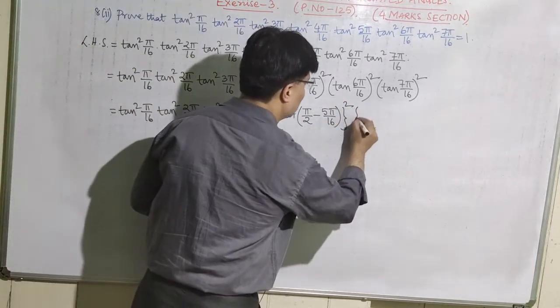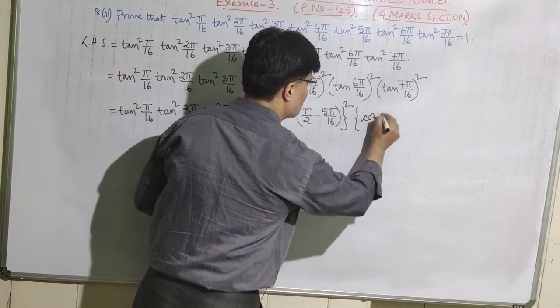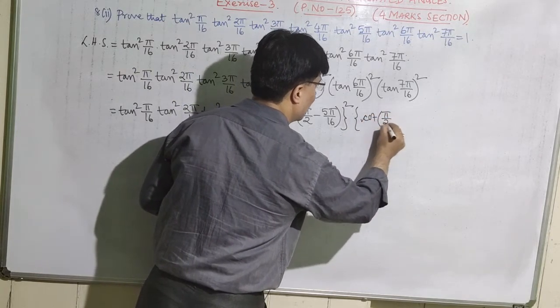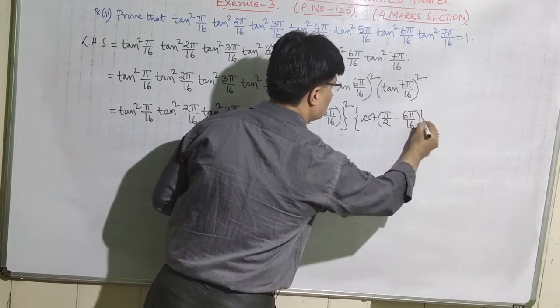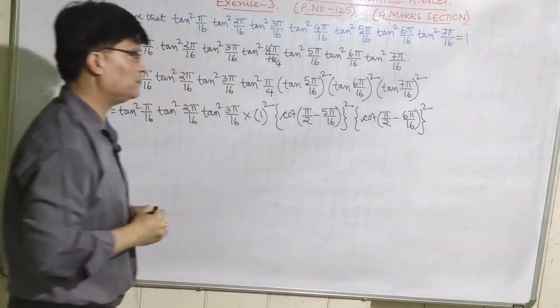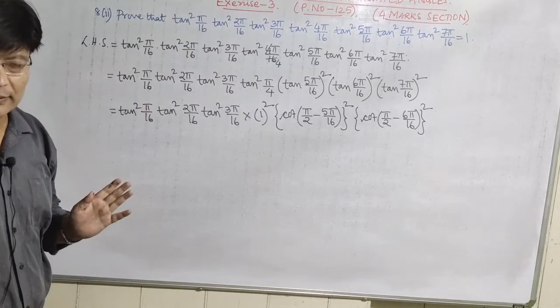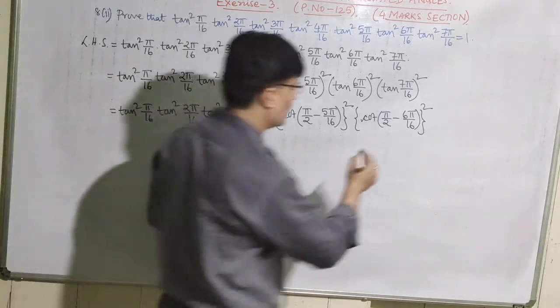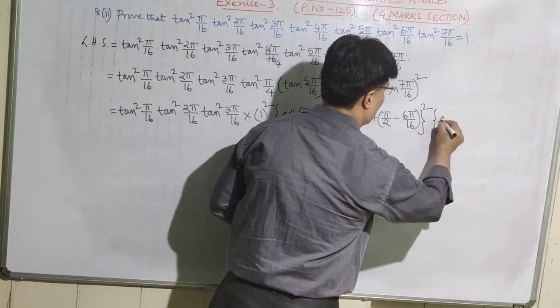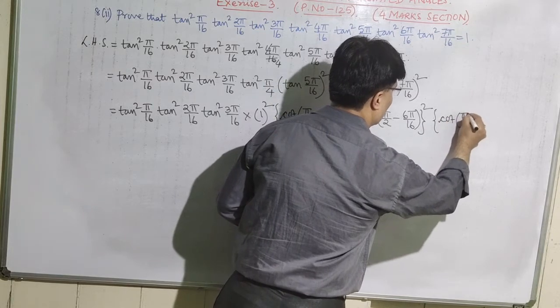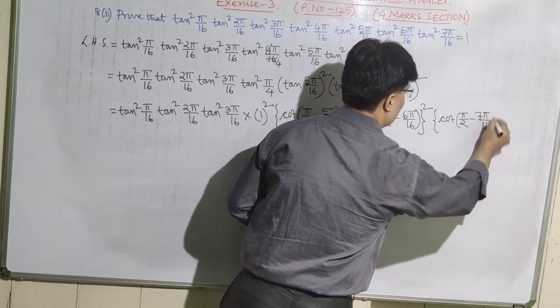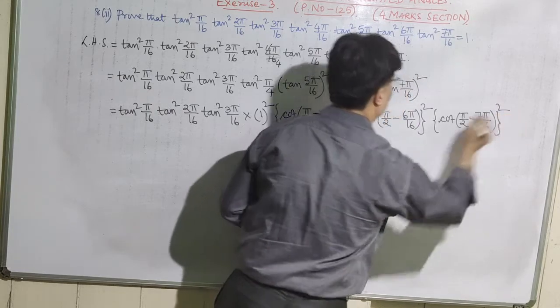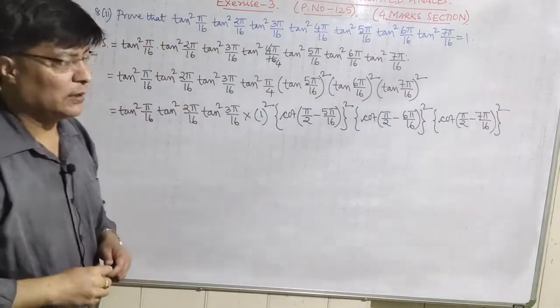Similarly, let us convert this tan into cot. So this is also cot 90 minus 6 pi by 16 whole square. Is that clear? Similarly, last one will be cot pi by 2 minus 7 pi by 16 whole square.